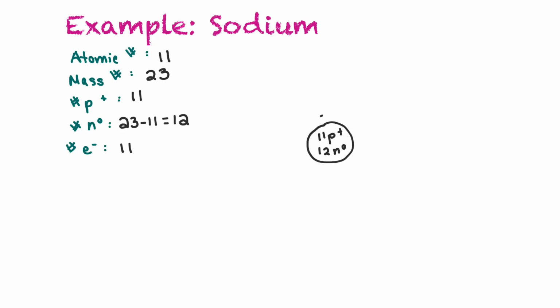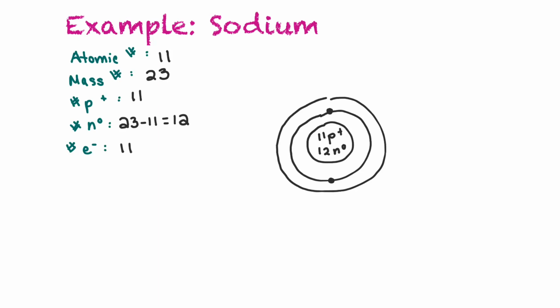And now let's start filling our orbit. So we draw one orbit, 2 electrons fit. Then we haven't used up all of our electrons. We still have 9 left. So we draw another ring. And if you remember, 8 electrons can fit in that second ring. So what I like to do is space them out in quadrants first.